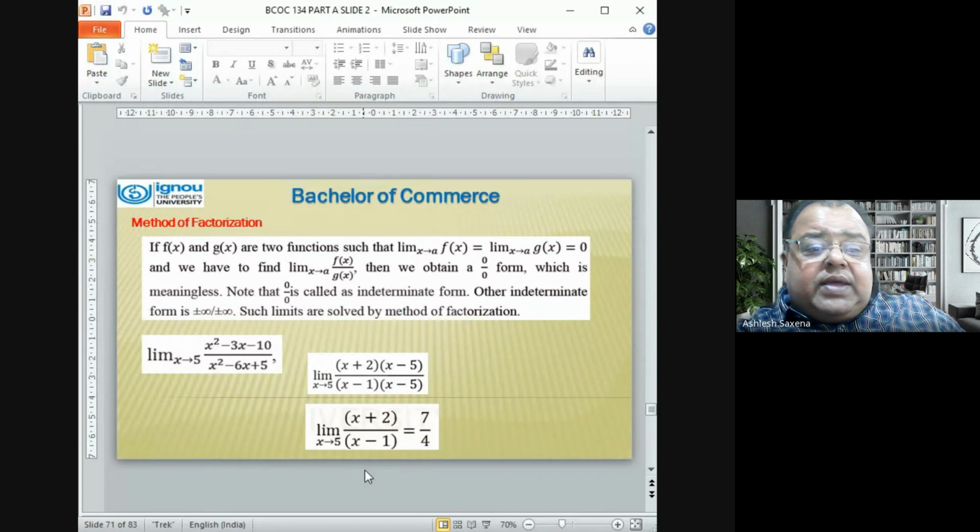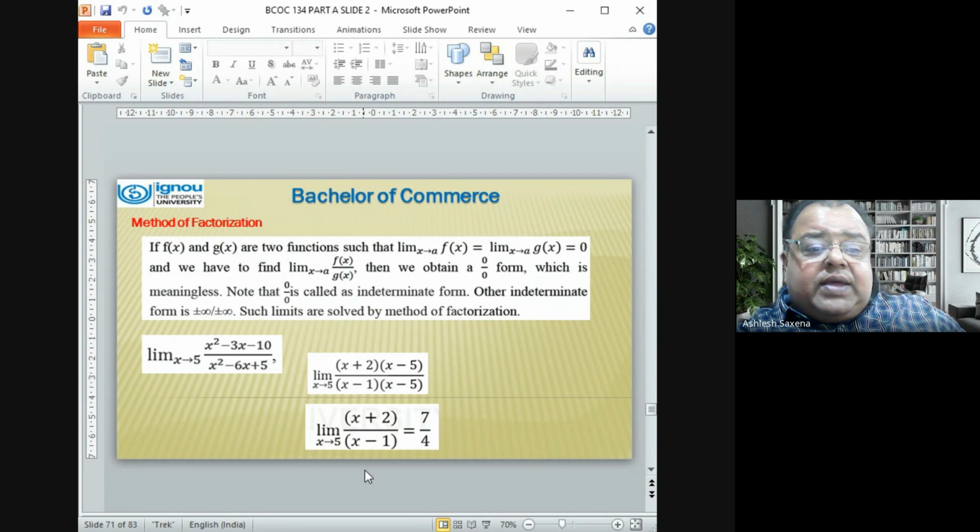I cannot take 10 into 1. I will be taking 5 into 2. As I will be subtracting 2 from 5, I will get 3. So I will write it x squared minus 5x plus 2x minus 10.